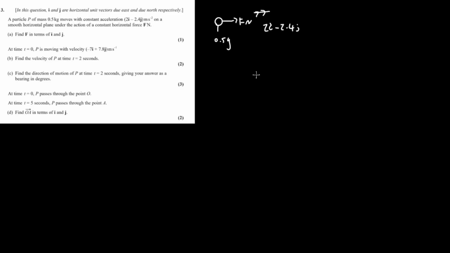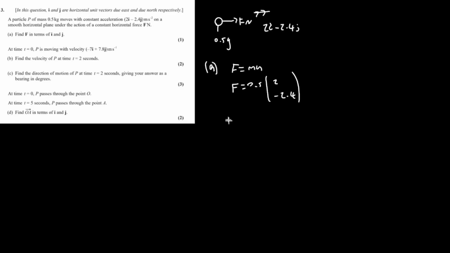Now, as we know, this is a constant acceleration question with a force, so we're going to use F equals ma. So F equals, it's got a mass of 0.5 and a constant acceleration of 2 minus 2.4.